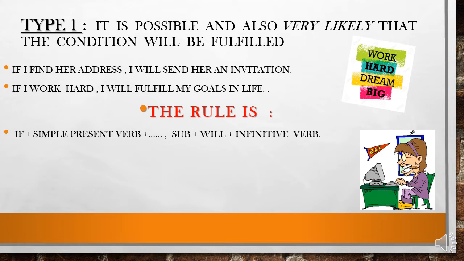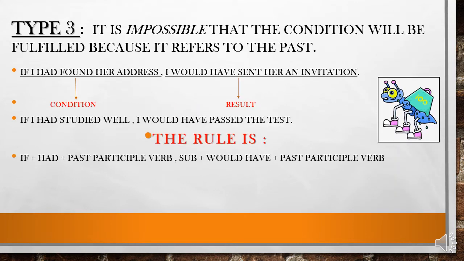Now here you have to keep in mind that I didn't add s to the verb work because I is a plural pronoun. But in case you change the pronoun and you use he, she, or it, you have to add s to the simple present verb.